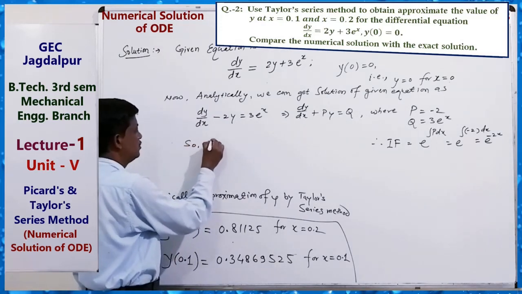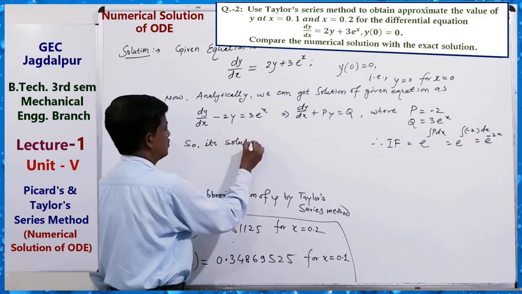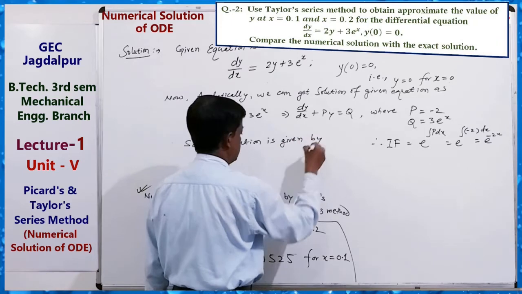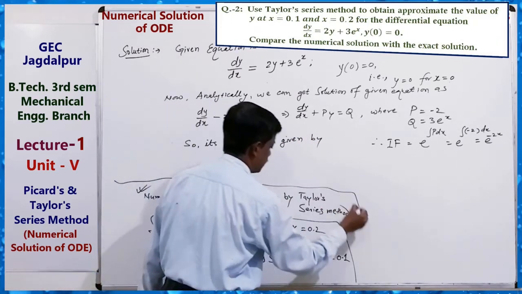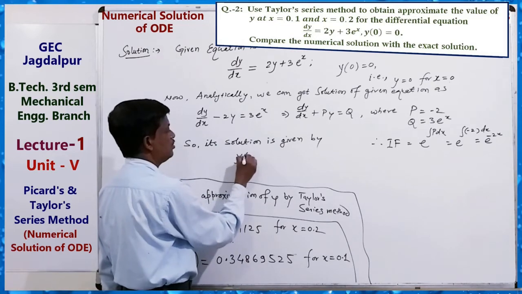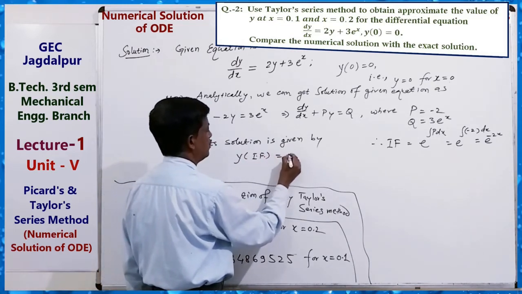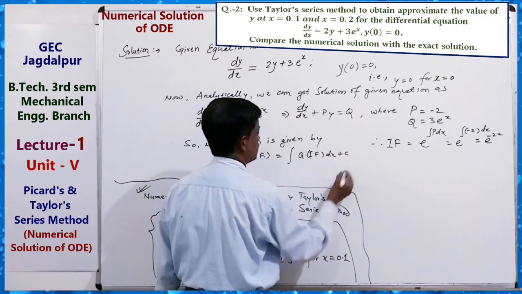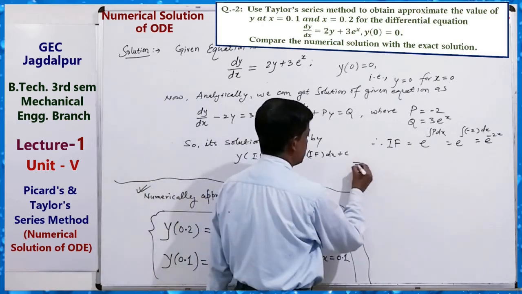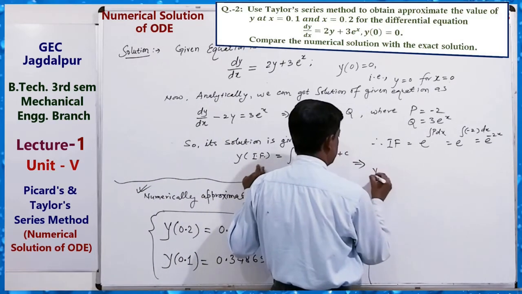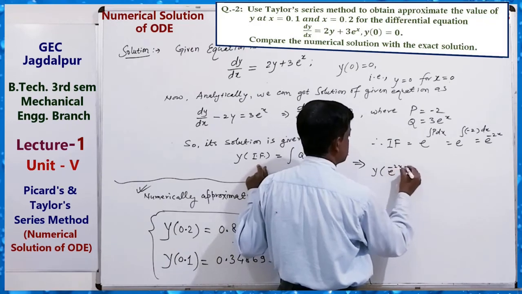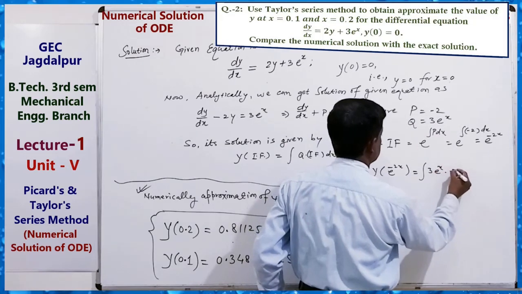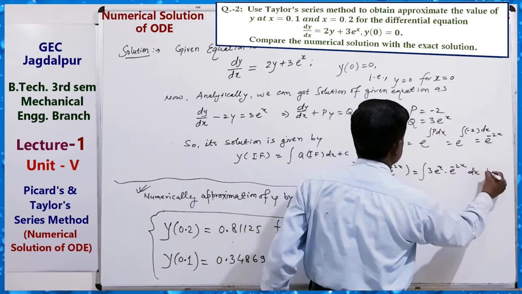Okay. So its solution is given by what? y into IF equals integration of q into IF dx plus c. So this implies y into IF, meaning e to the power minus 2x, equals integration of q, meaning 3 e to the power x, into e to the power minus 2x dx plus c.